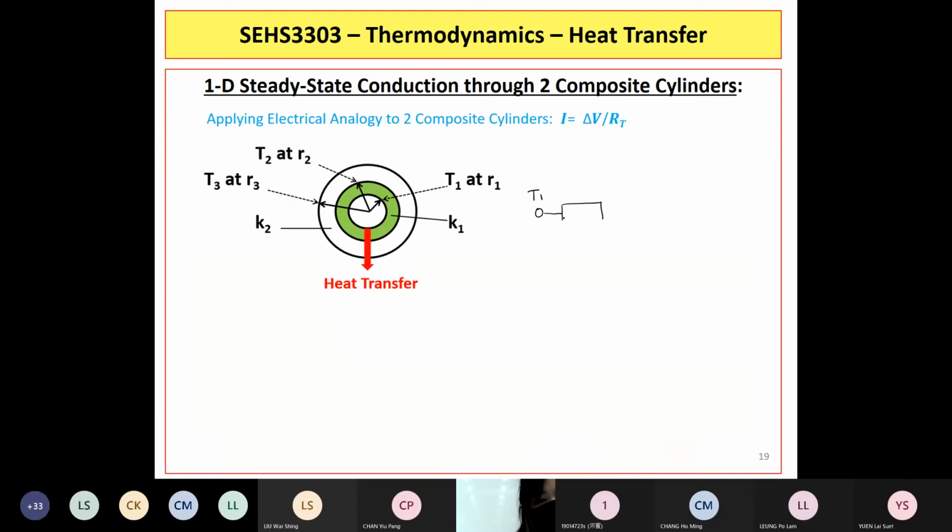Due to the temperature difference, conduction happens through this green material, this green pipe, this layer. Here should be R1, the resistor R1.